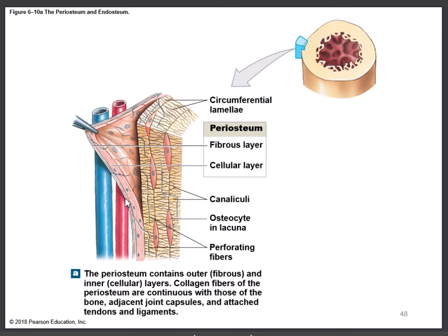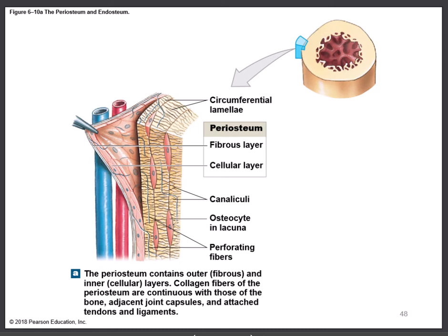Let's go back to the picture for a minute. If you take a look over here, where's a good one? Here's a good one right here. Coming in from the fibrous layer, there's this fiber here. This fiber would go and actually get anchored into the bone and go down like this. And now it's going to be kind of cemented onto the bone. And that keeps this membrane, this periosteum, on the bone. Otherwise, it would be like if you were wearing a loose sock.